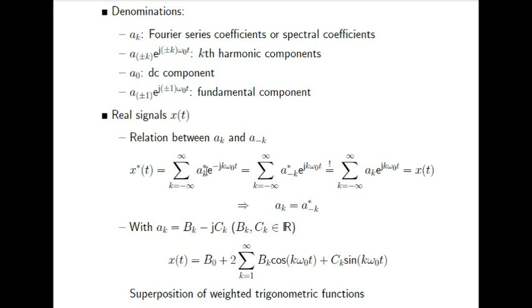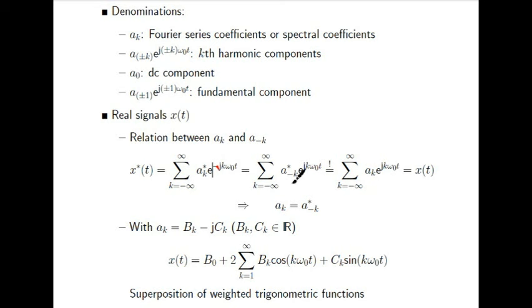Now I have replaced k with minus k, so this minus here will become plus here, and this minus will become positive here, and this k is replaced with minus k.